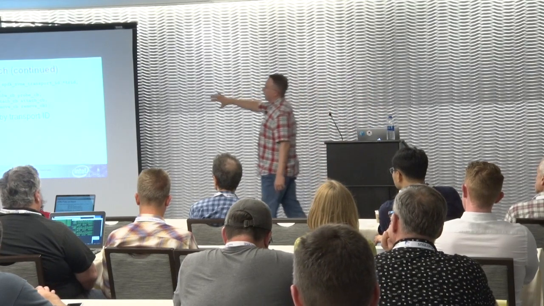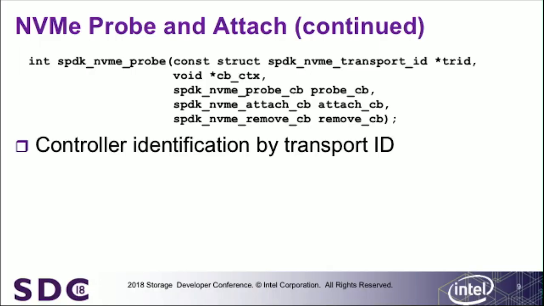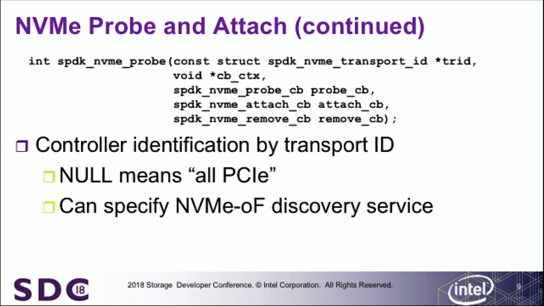So this is for attaching to one controller. Then we have SPDK NVMe Probe. This is sort of like Connect, but it can be used for multiple controllers at once. Again, you've got this transport ID, but the big difference here is that you have the option to specify all PCIe.